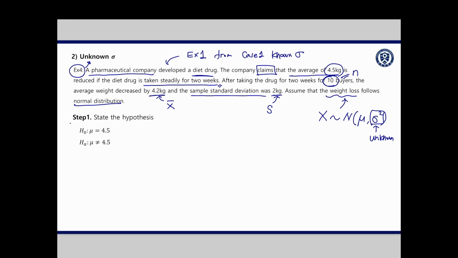So in step 1, the hypotheses are as follows. H0 is mu equals 4.5 kilograms, that is the average weight loss equals 4.5 kilograms, and the alternative is mu is not equal to 4.5 kilograms. So the test is two-sided.